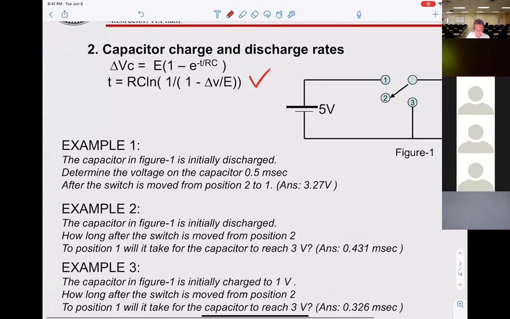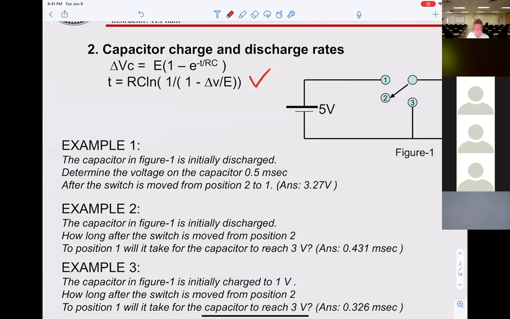However, what I say is on examples 1, 2, 3, you already know the delta VC and the E we already gave you. That cannot be wrong. So the formula for T right there, is that correct? No, that's what I said. I have to check.